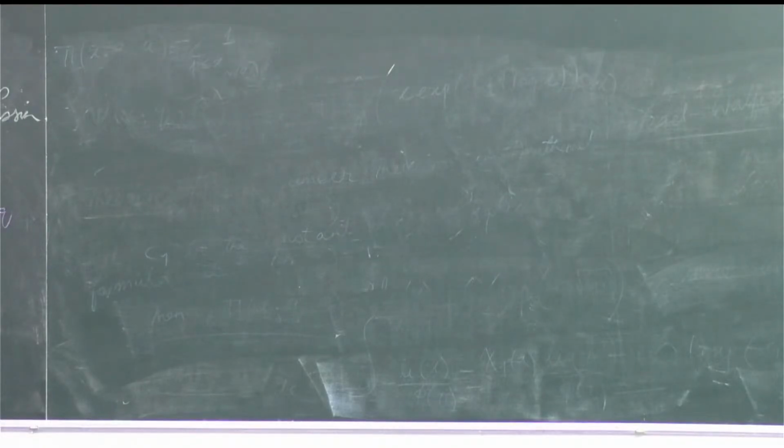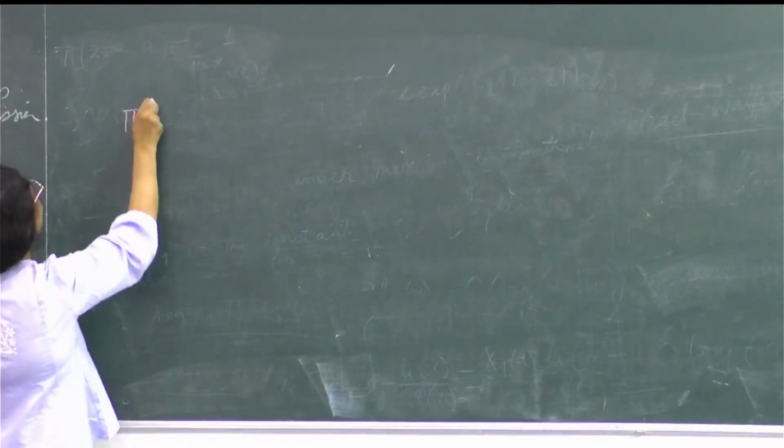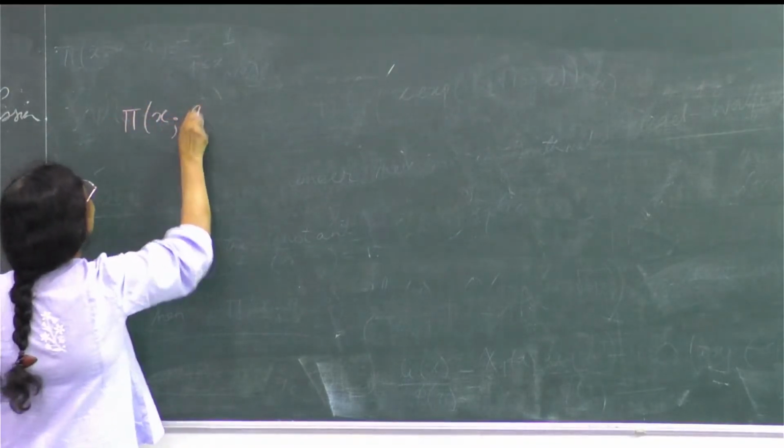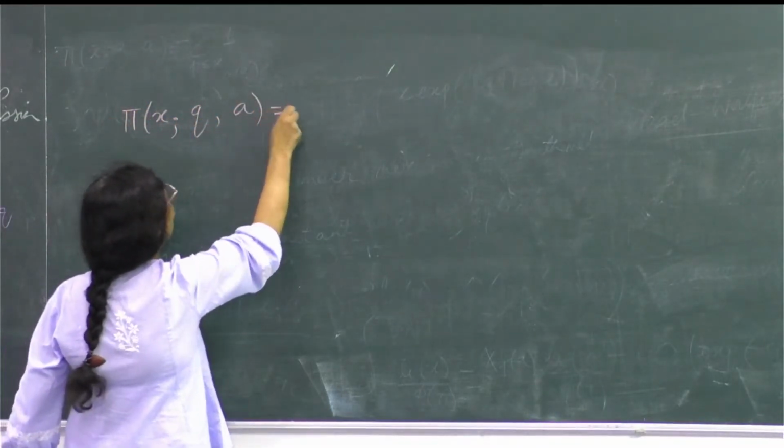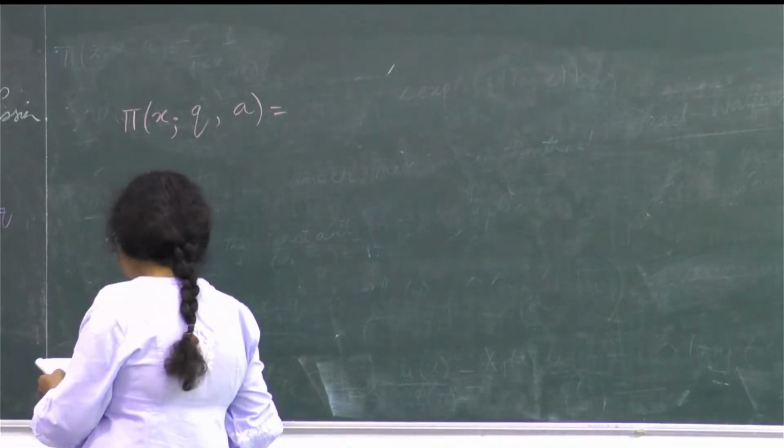So you can express pi in terms of theta. So if you do that, pi of x, q, a, how would you write this in terms of theta?